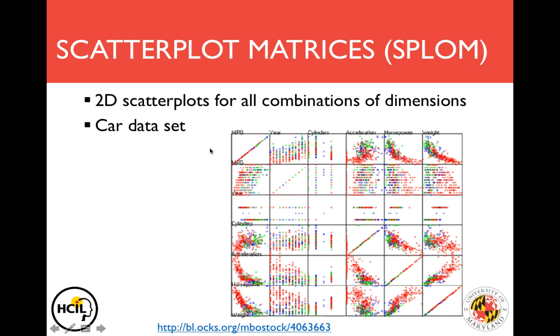So for example, if we look at this first row for MPG, we see that there's this nice curve here between MPG and horsepower. So MPG is shown on the y-axis in the row because we're looking along the side here. So as the horsepower goes up, the horsepower is on the x-axis, the MPG goes down. We see the same thing with weight. As the weight goes up, the miles per gallon goes down.